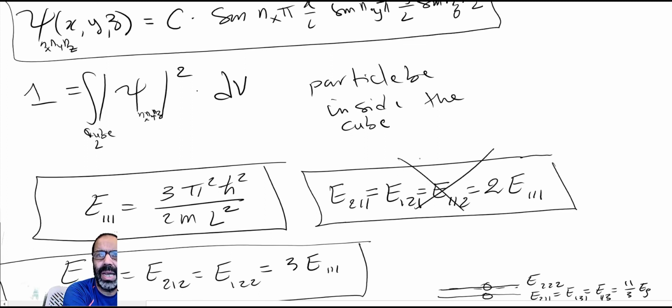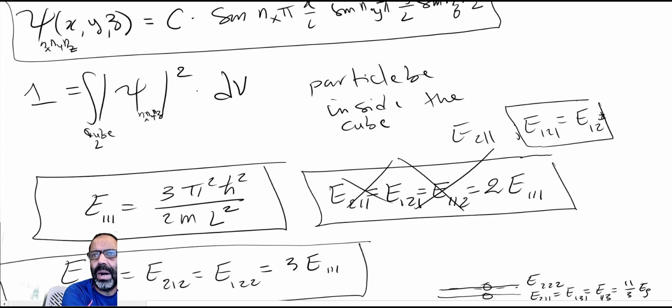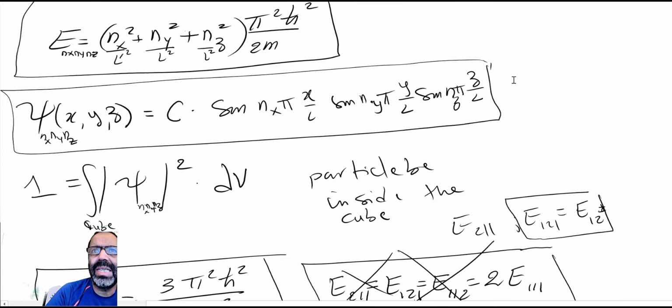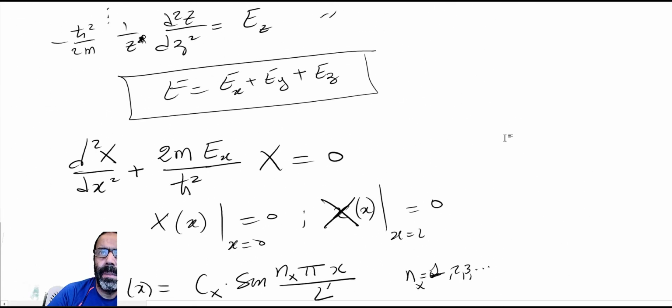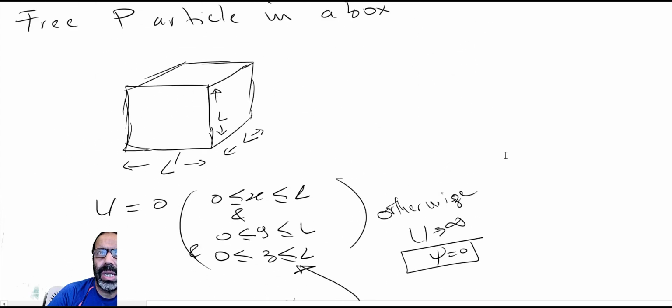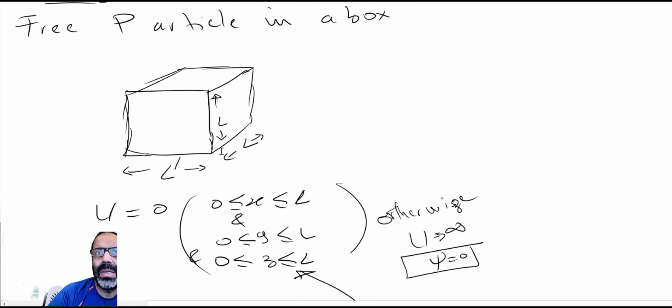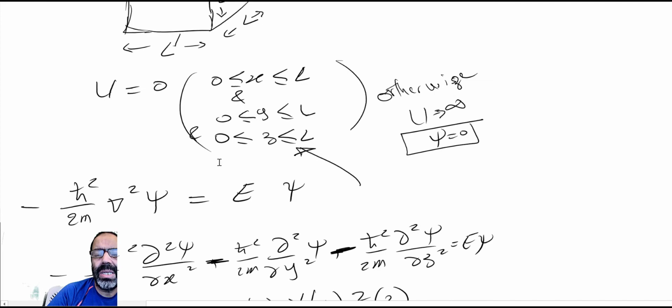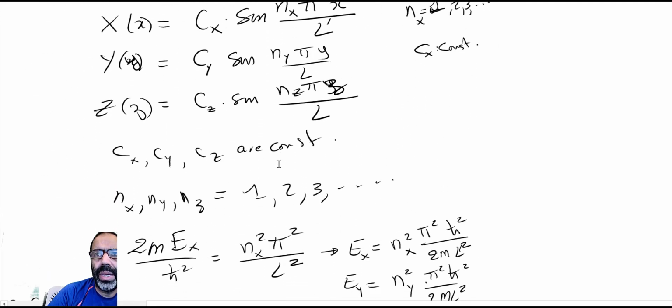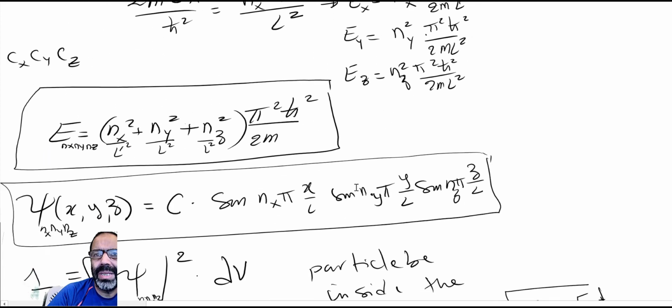In a sense, E211 will be an energy level by itself, and E121 and E112 will be the same energy level. Because there is an asymmetry in this case between the directions, namely the x direction is not the same as the other two directions, I broke the symmetry in the problem, and in this case the degeneracy is lifted.